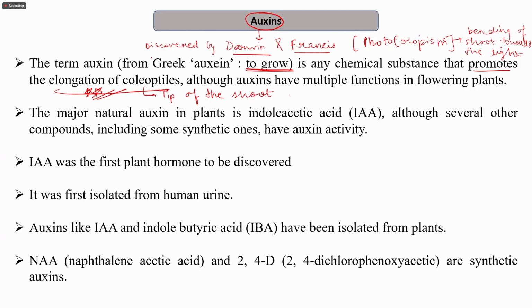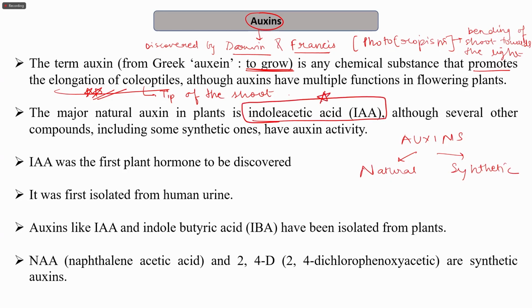Auxins can be both natural as well as synthetic, which are being synthesized. The major natural auxin in plants is indole acetic acid, IAA. This is important because most of the time the term auxin is not used; instead, IAA is used in the questions.